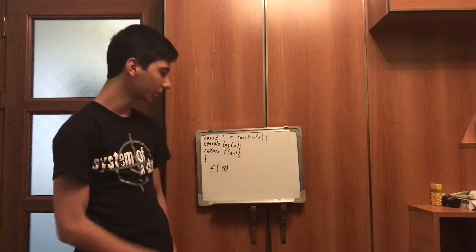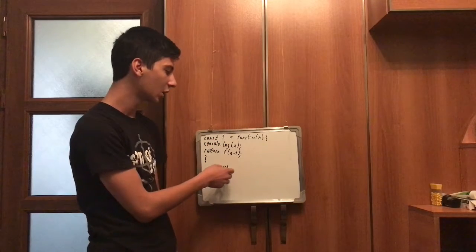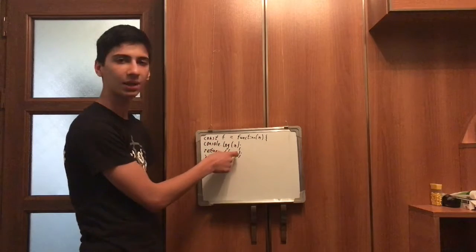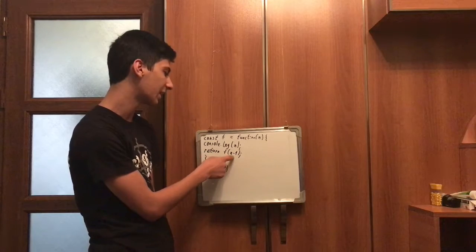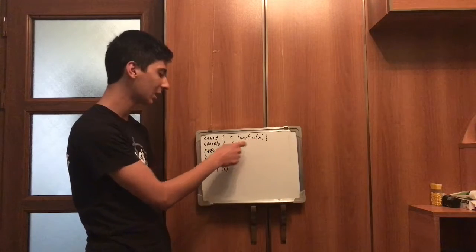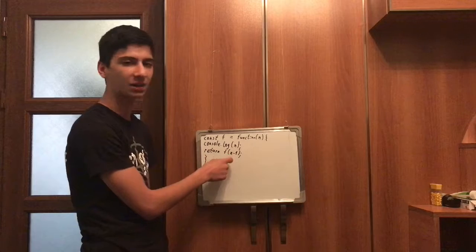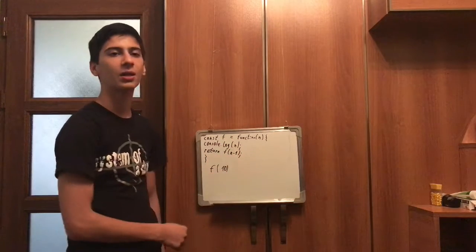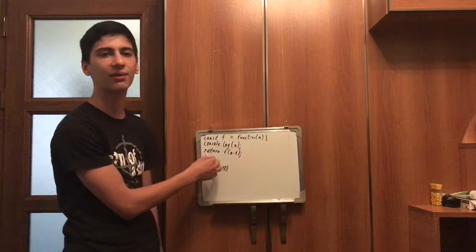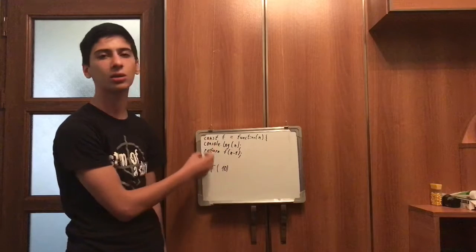So now if we call this function f with 10, we will get console log 10 and return f9. So here we will get 9, console log 9, return 8, and again and again. But this recursion doesn't have a limit, so it is an endless loop.